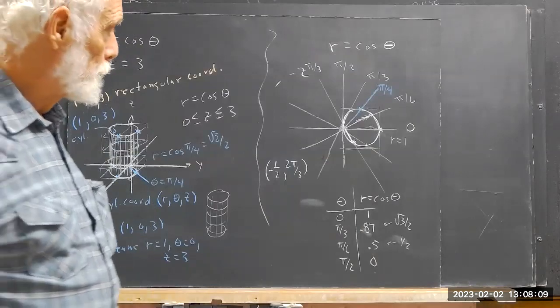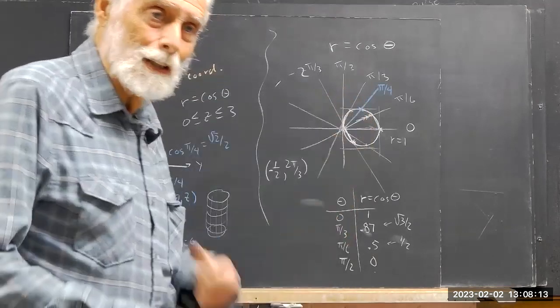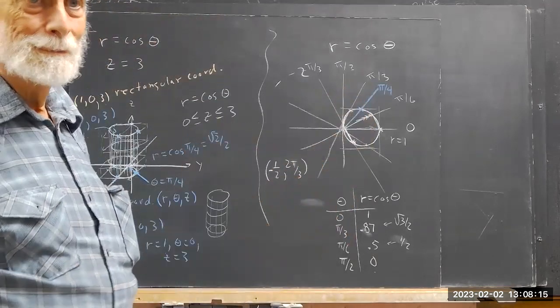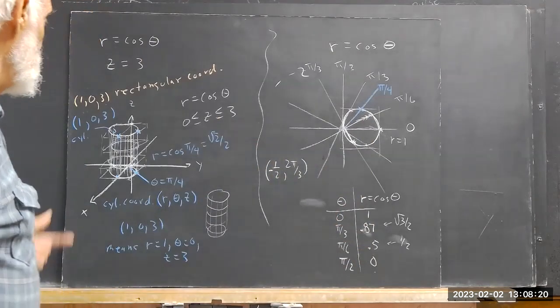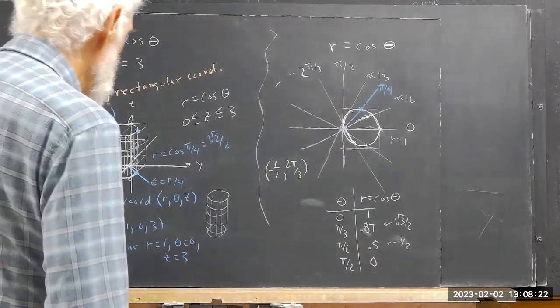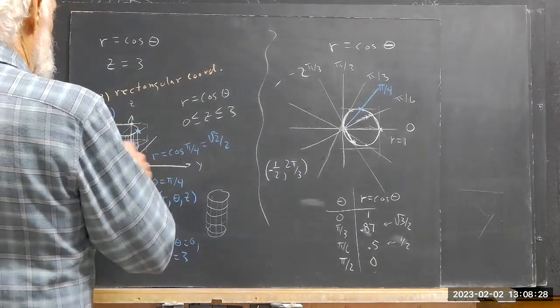But if you don't know the angle, you can still find r if you know that that's a point of tangency. And you've got to have the geometric intuition and knowledge to know that. It doesn't go very deep, but it can go really deep. Okay. And then z is 3.